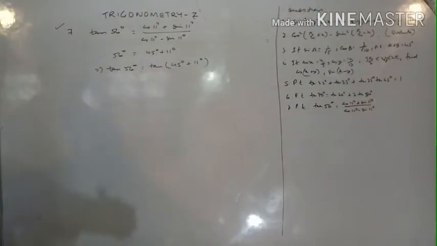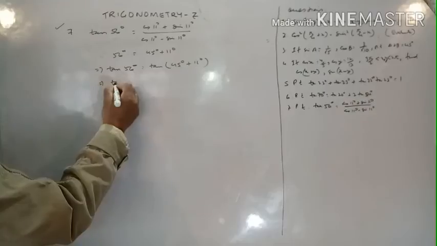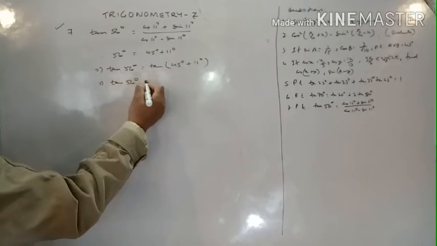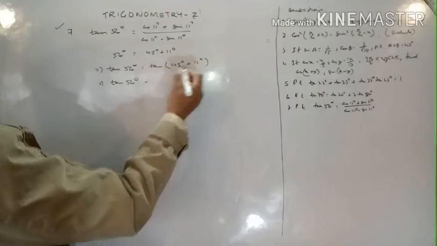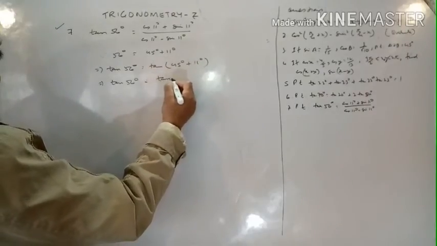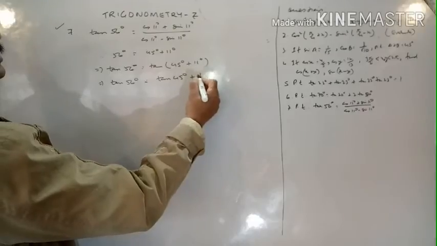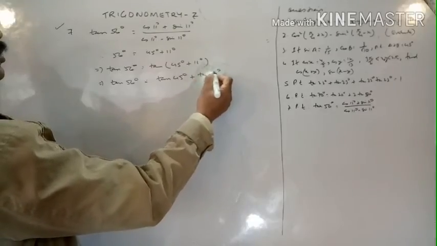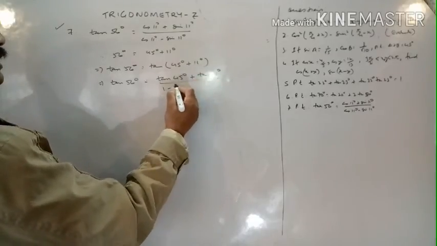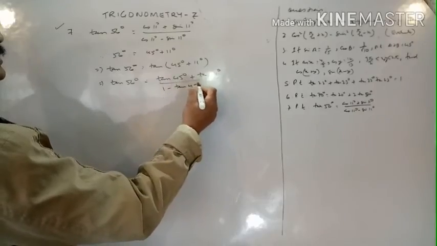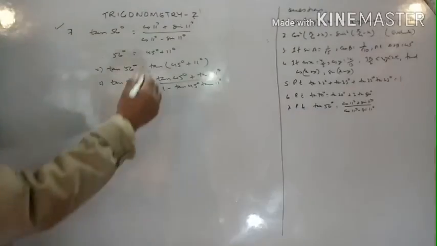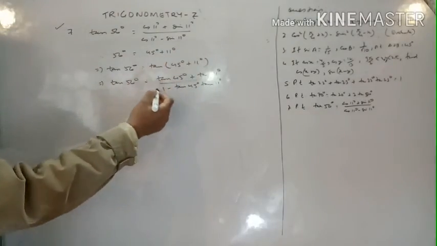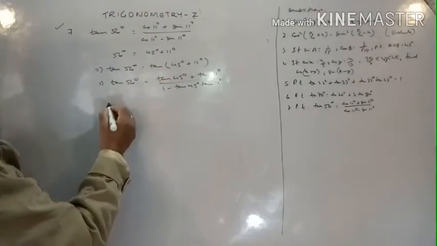Now here you can use the tan x plus y formula, that is tan x plus tan y over 1 minus tan x into tan y.